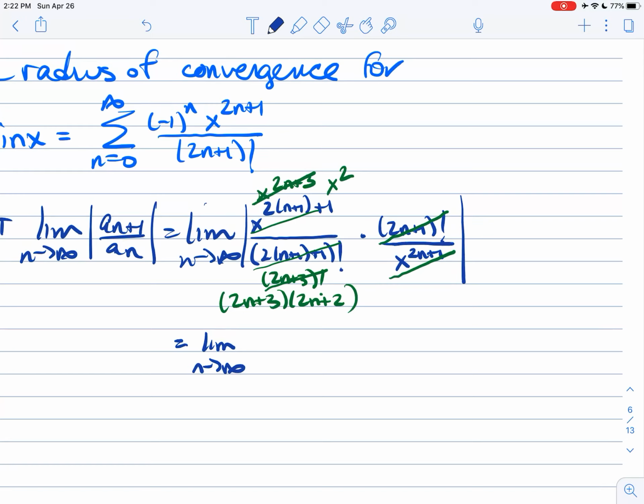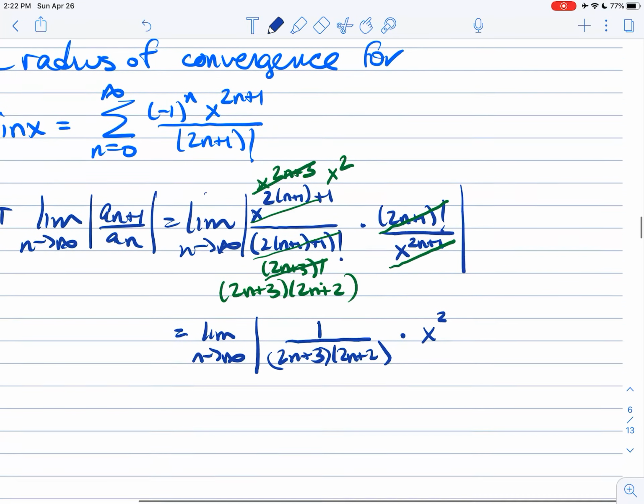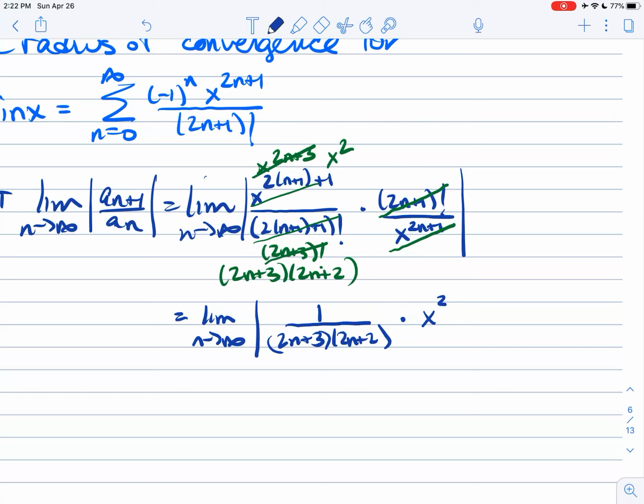So in calculating this limit, as n goes to infinity, normally I keep the n terms together, and I put together my factors that are constant together.